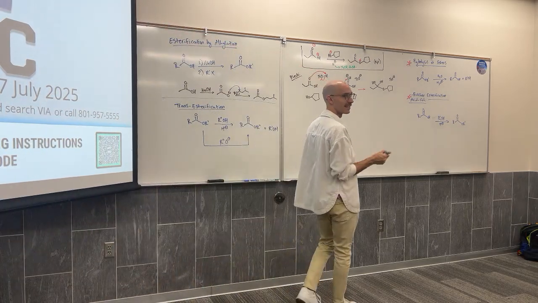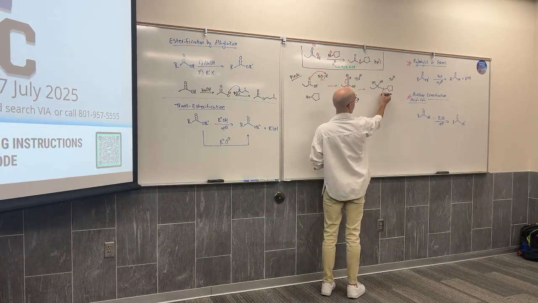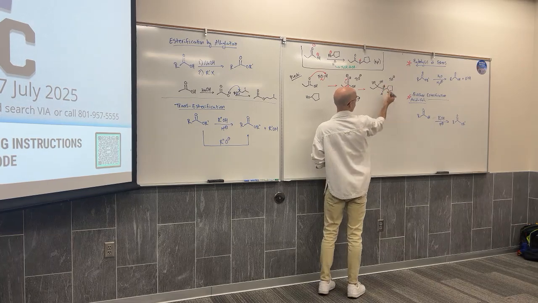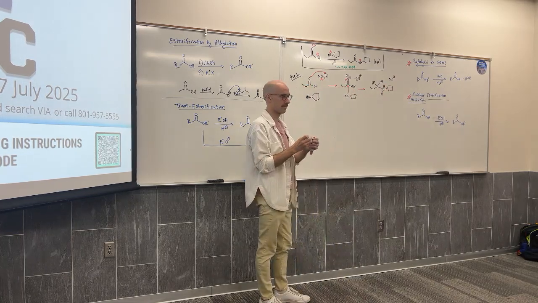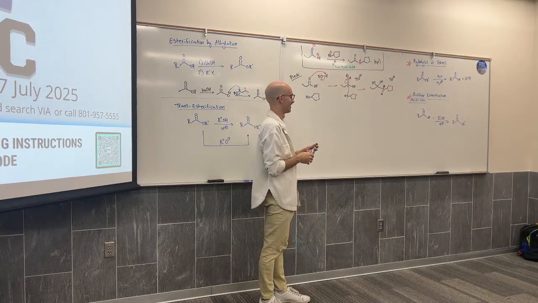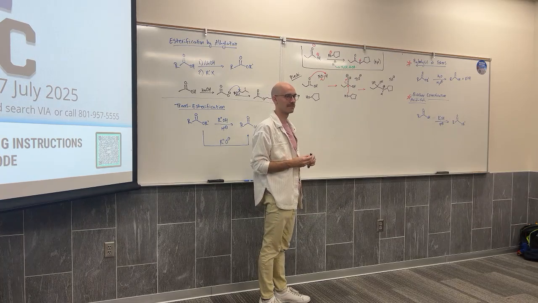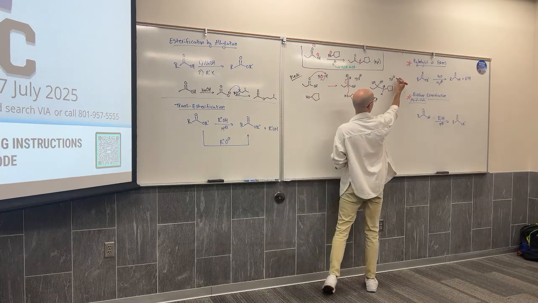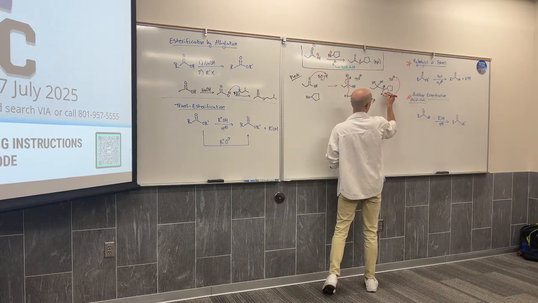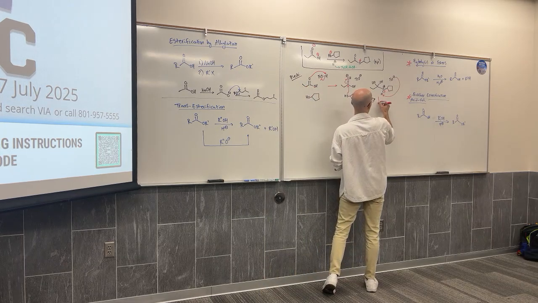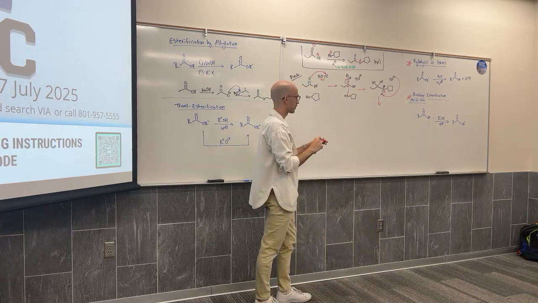What is it? The H and the positive charge. What do I need to do now? Deprotonate. So my conjugate base deprotonates what was the alcohol and is becoming the ester.